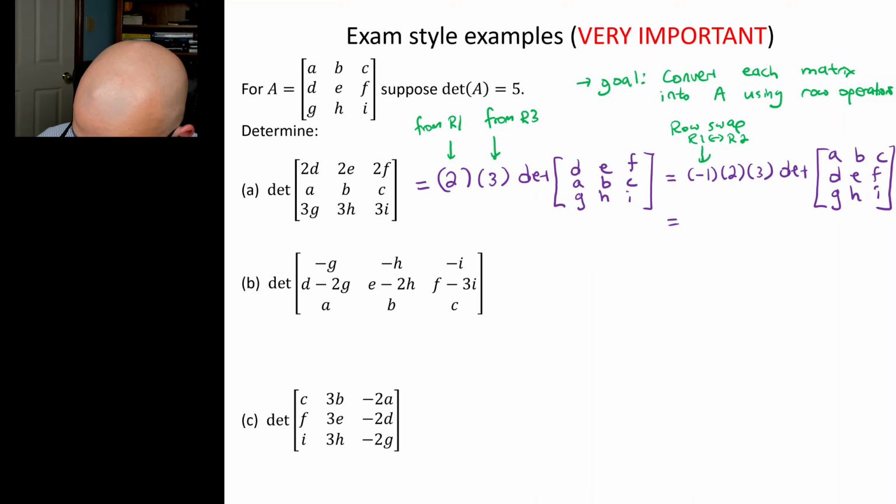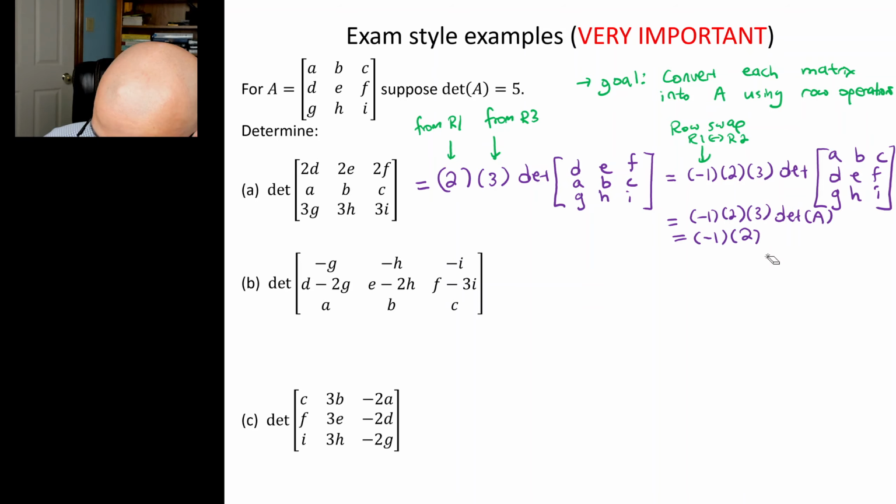So now we have -1 times 2 times 3 times the determinant of A. So -1 times 2. So I'll multiply those all out now. -6 multiplied by 5, we get -30 as the answer.